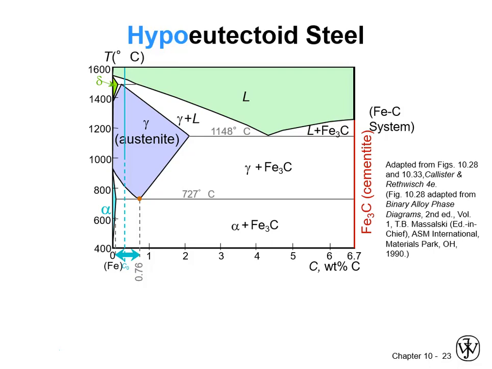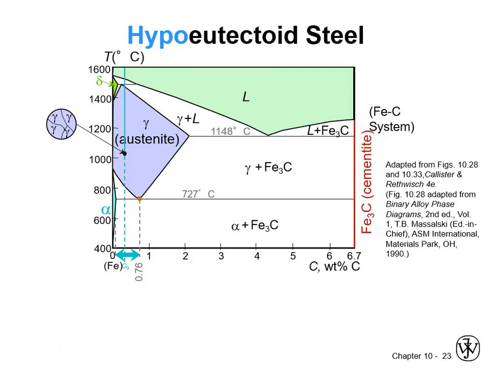And just like we had hypo and hypereutectic, we can have hypo and hypereutectoid compositions, either to the deficient or enriched side of the eutectoid in terms of composition. So we're looking at C0 in the aqua dotted line. That's a hypoeutectoid steel because it has less carbon than the 0.76 eutectoid in the gray, ending in the gold dot.